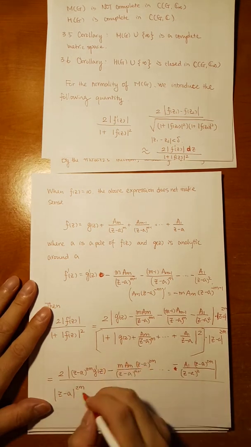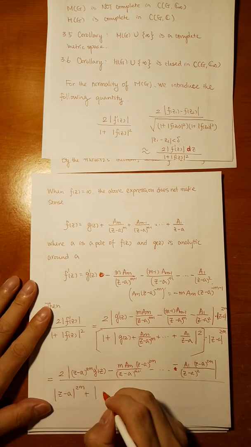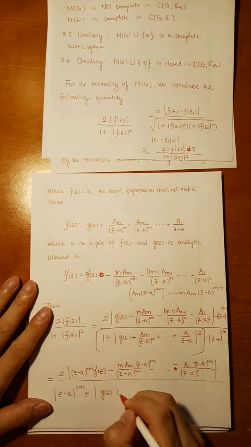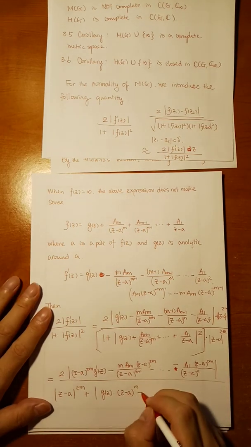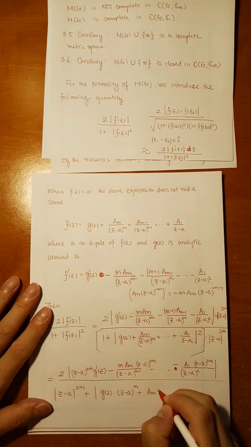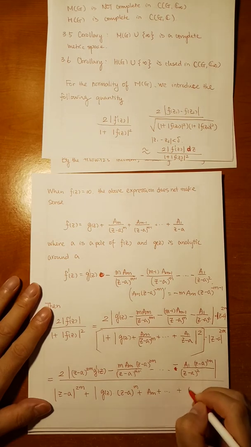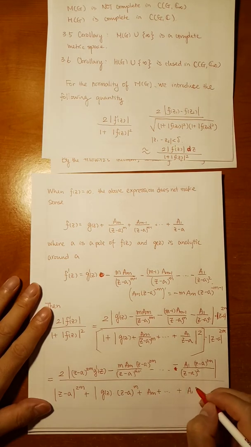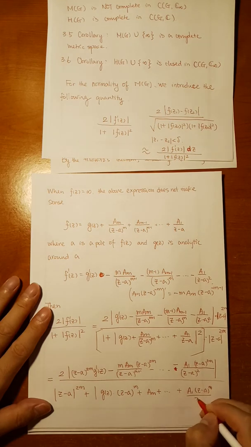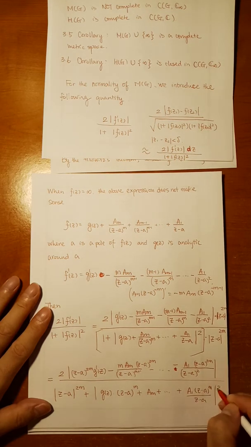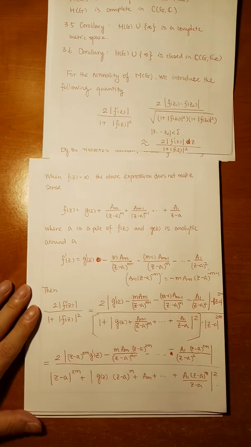That's the first term, and plus g(z) times (z−a)^m plus a_m plus ... plus a_1 (z−a)^m over (z−a), squared.